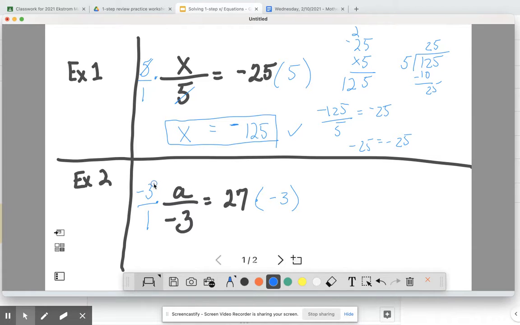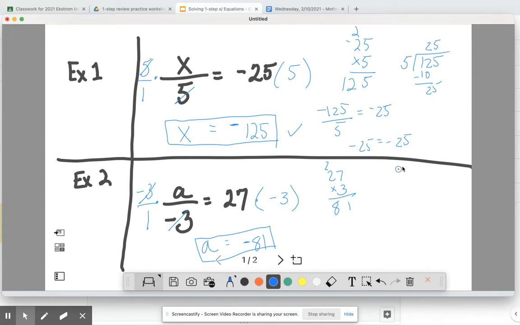This is going to cancel out, and I'm going to have an A over here. 27 times negative 3, I know that's going to be negative, and I believe that's 91. Let's see. No, 81. Why did I think that? All right, negative 81 is our solution.